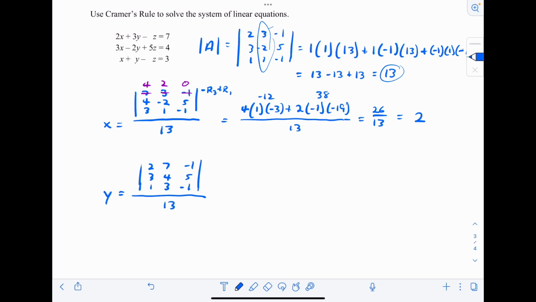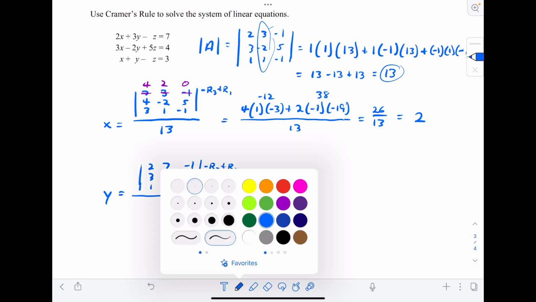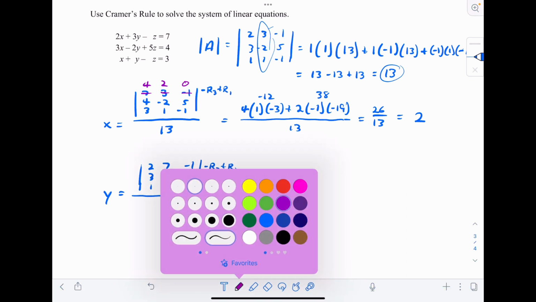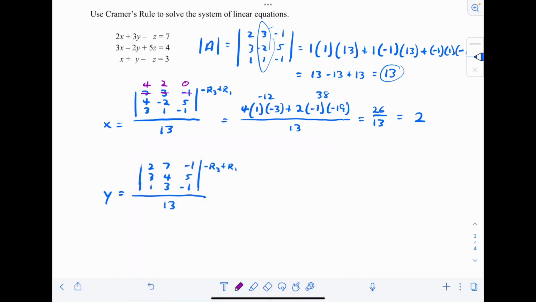Now, again, I'm going to do the same thing I did before. I'm going to add the opposite of R3 to R1 just to make it a little bit easier to find the determinants. So negative 1 plus 2 is 1. Negative 3 plus 7 is 4. Positive 1 plus negative 1 is 0. All right, so using that top row again, we've got 1 times negative 4 minus 15 is negative 19.